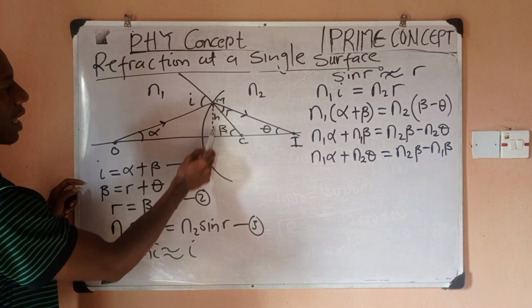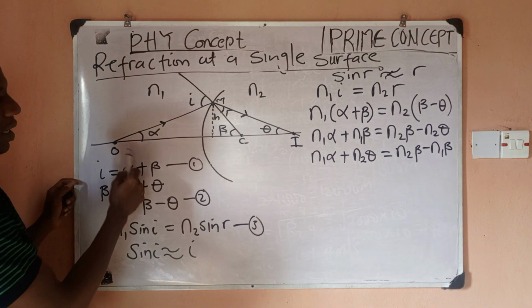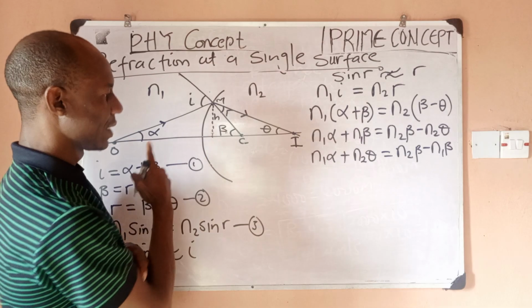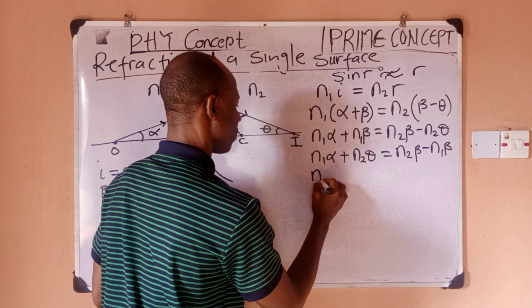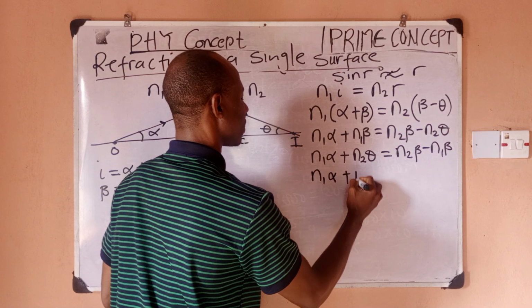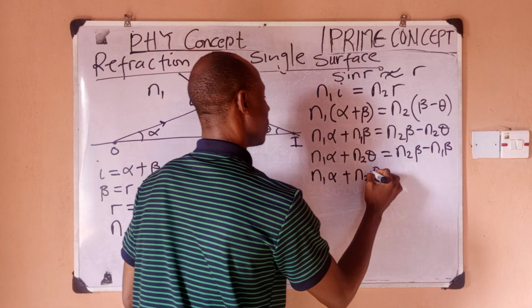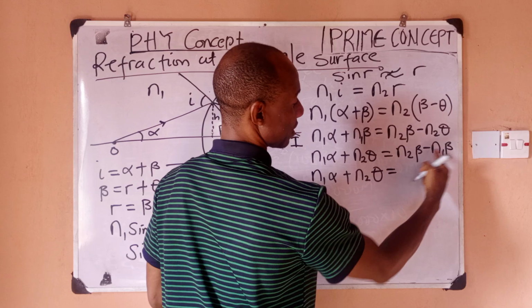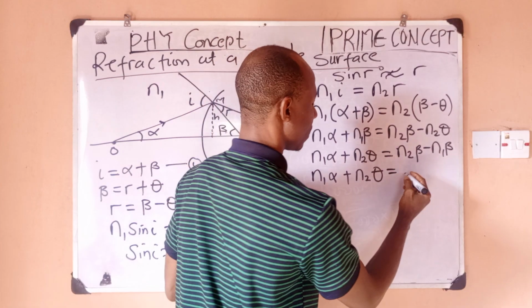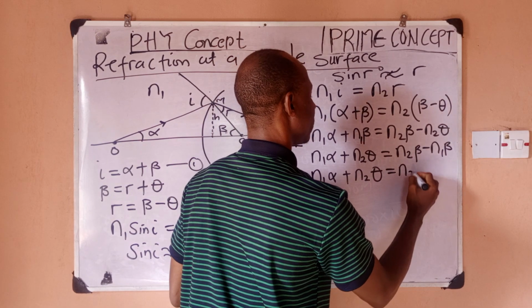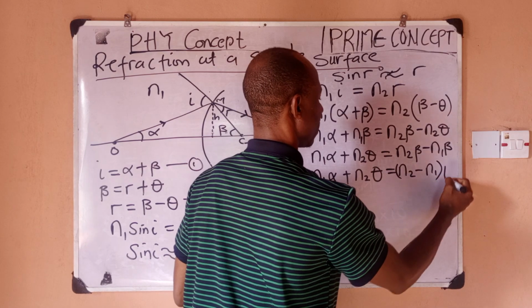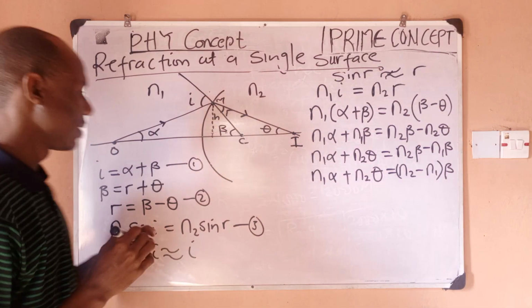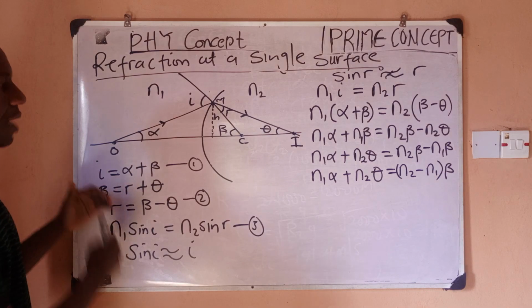Let me factorize it. So I have N1 alpha plus N2 theta equals, you can see that beta is common here, right? So I would have N2 minus N1 into beta.